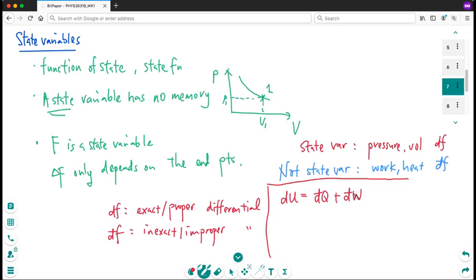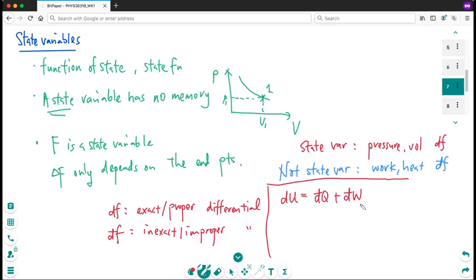That is rather annoying, don't you think? On the left-hand side, you have something which is a perfect differential, and that is convenient. If you know state A and state B, you know the change of the internal energy.